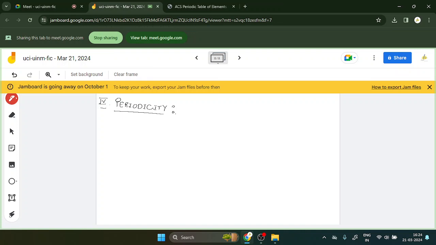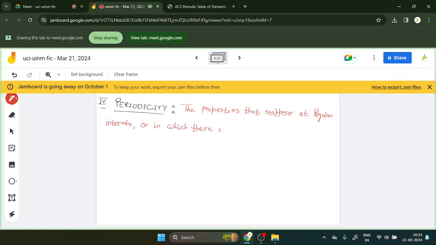So if someone asks you what is periodicity, how will you say it? The properties that reappear at regular intervals, or in which there is gradual variation. Gradual means little, slow variation.